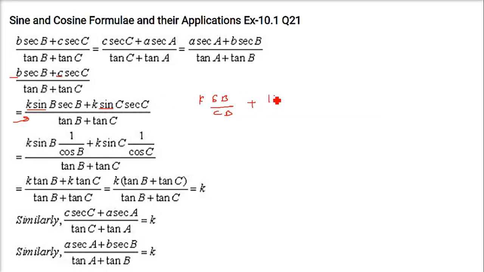Similarly this k sin c, I am writing this sec c as 1 by cos c. So this will be k tan b, and this will be k tan c. Take k common, tan b plus tan c will come, this gets cancelled. So you get a k. So similarly for the others, you can prove all these to be k.